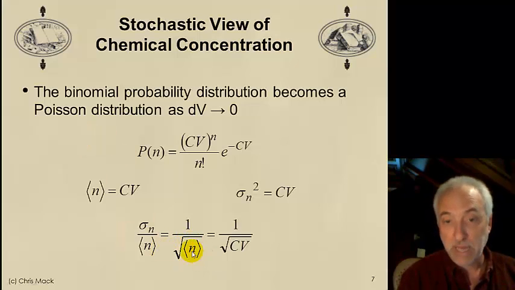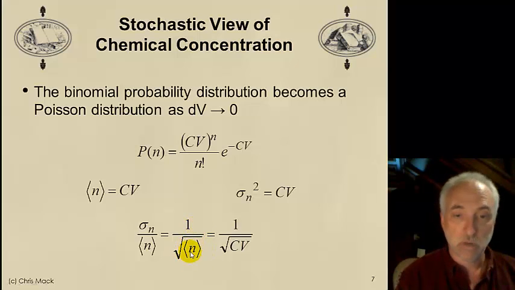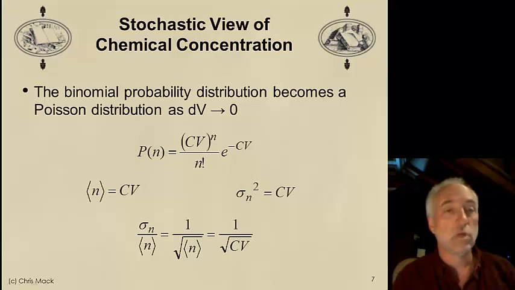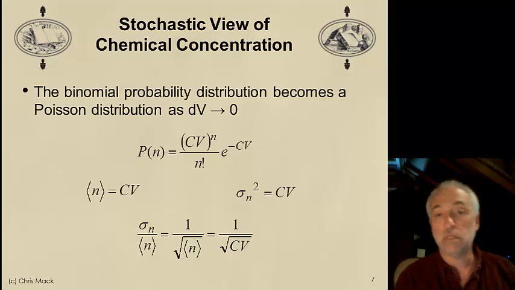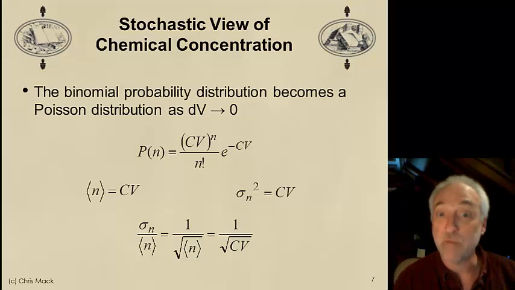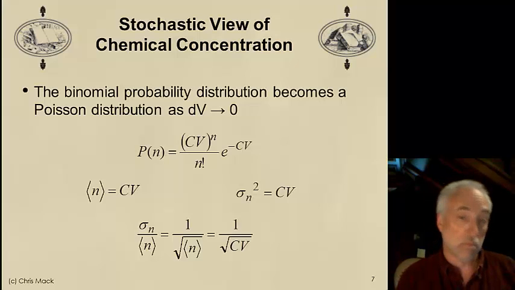But now what if I had 1,000,000 particles in my volume? Well, now 1 over the square root of 1,000,000 is 1 over 1,000. So not a 10% variation, but a 0.1% variation. Much smaller. Well, what if I had Avogadro's number of particles?